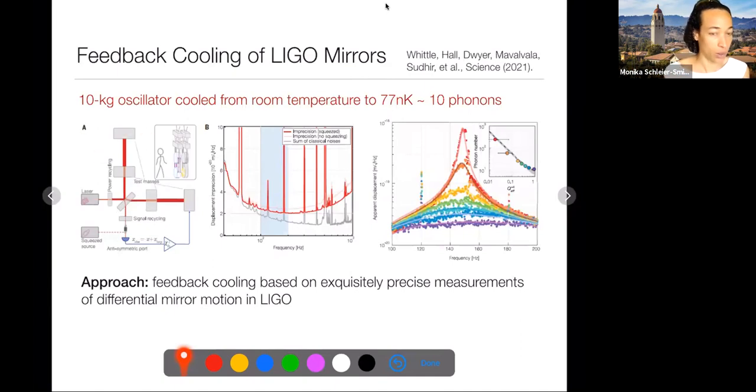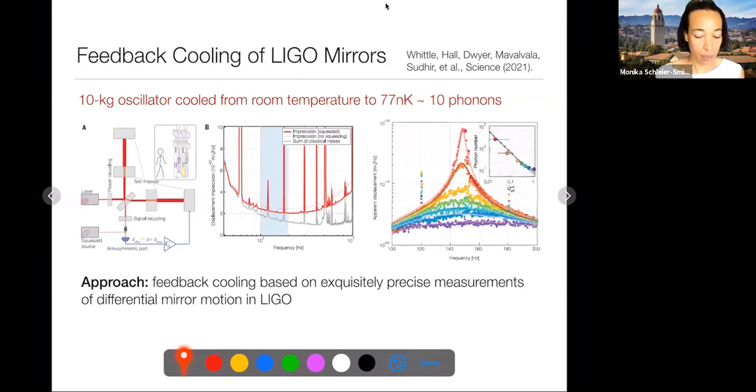And maybe that's something that can also be done in LIGO, although they probably have other more pressing things on their minds. But once you have a massive system like this that's in the quantum regime, building some additional interferometric measurement to probe it maybe is not so crazy.